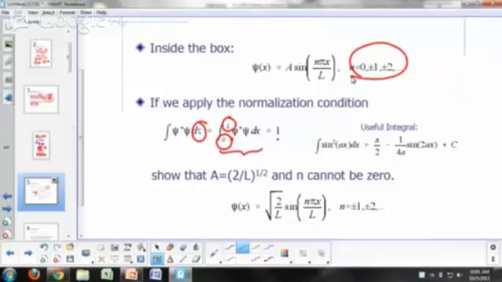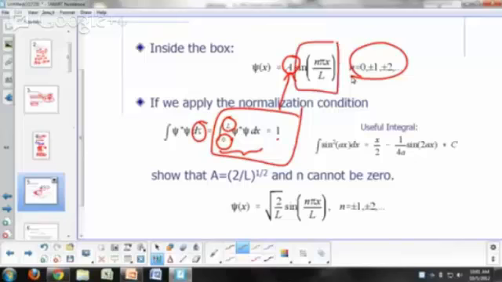So the integral of psi squared dx from 0 to L must be equal to 1. By applying this normalization condition, we will be able to figure out what A is. You can think of A as your normalization constant, because sine n pi x over L by itself is not normalized, as you can see if you were to do the integration.